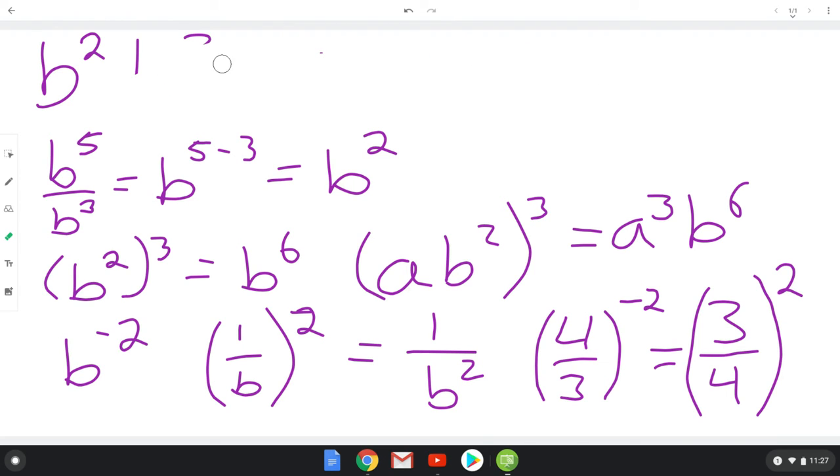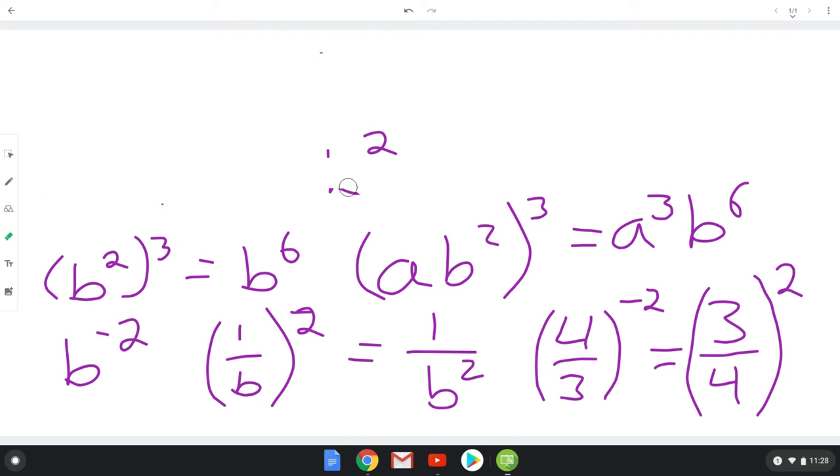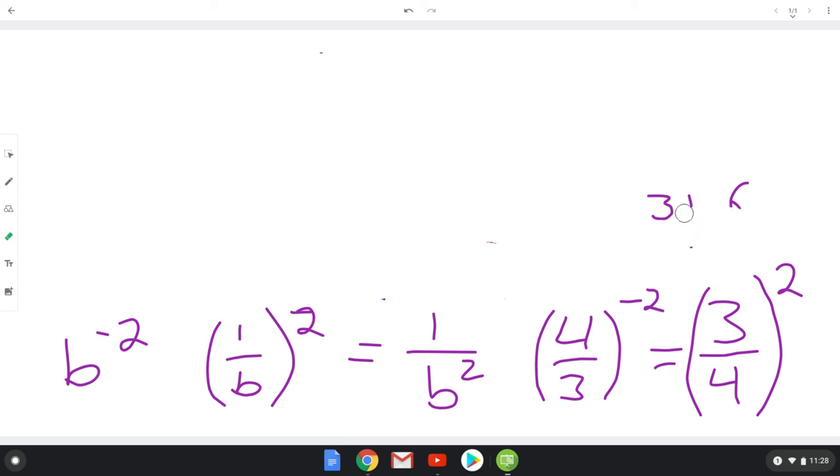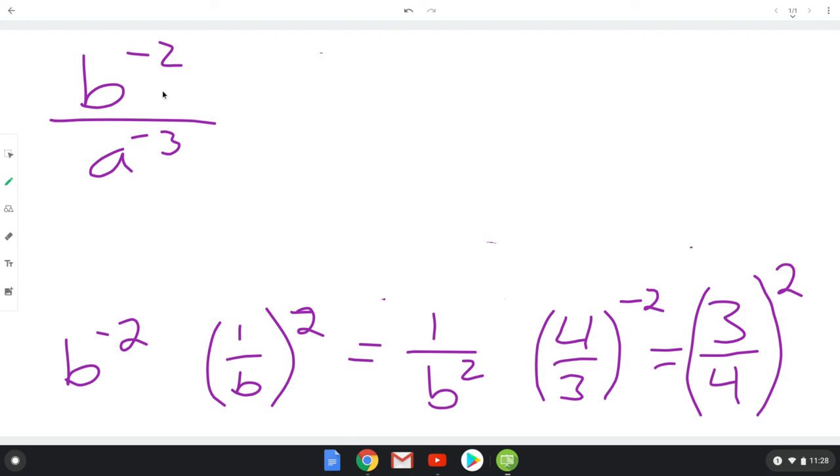I want to continue talking about negative exponents because there are a couple more examples that I think are important. If I have something that is negative in the numerator, then that's going to move it to the denominator.